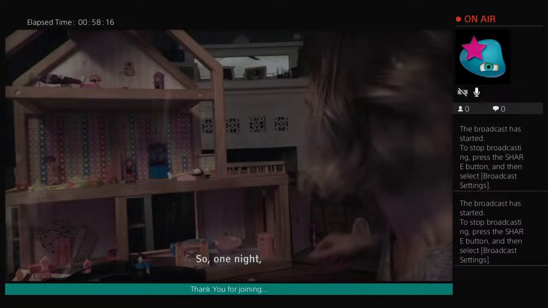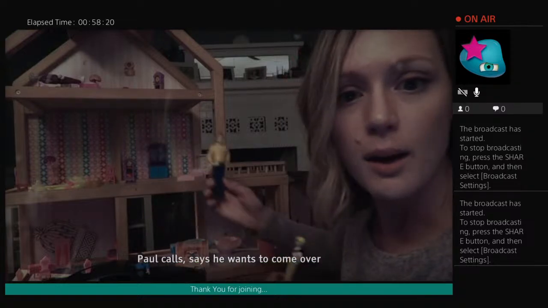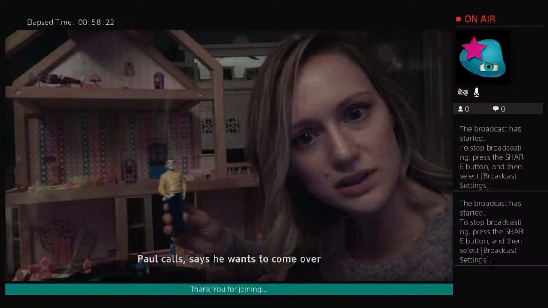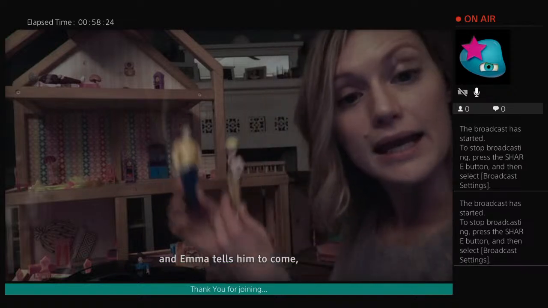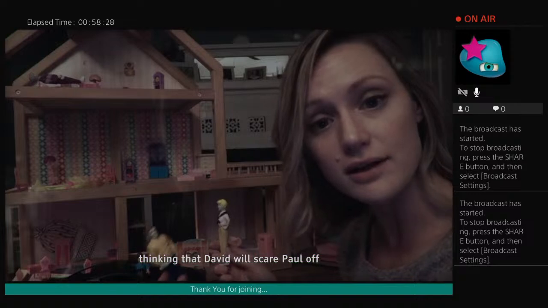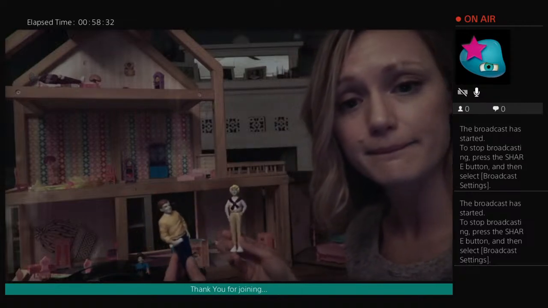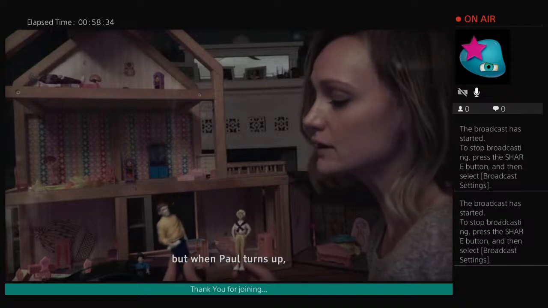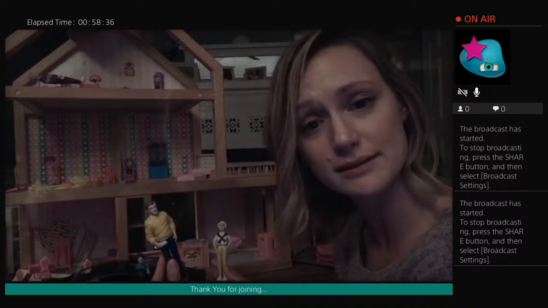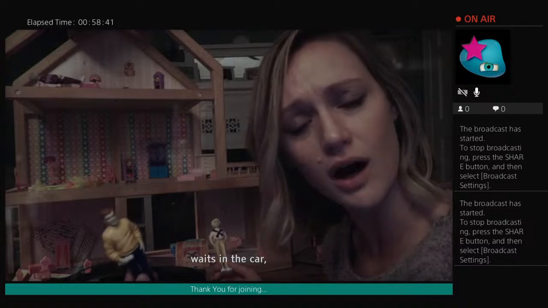So, one night, after they go out for ice cream, Paul calls, says he wants to come over. And Emma tells him to come, thinking that David will scare Paul off, and that will be that. But when Paul turns up, David waits in the car.